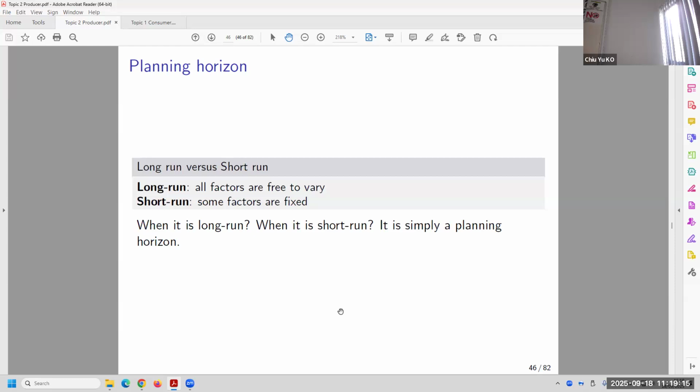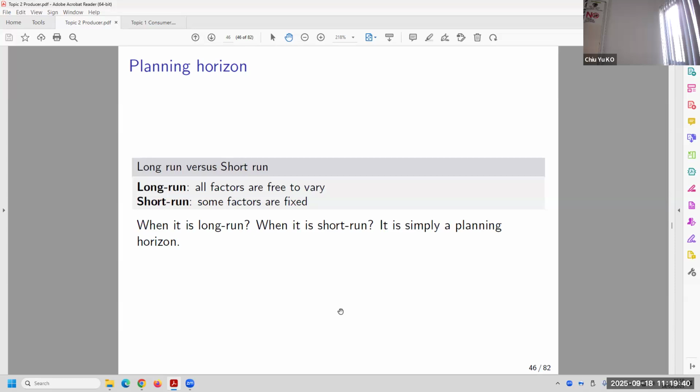If something is not changeable, we keep it as constant. Suppose we are renting this place, and we're thinking about how to optimize the operation daily or weekly, even monthly, even yearly. As long as there's something kept there that you can't change, then it's still short run. It's basically the planning horizon.